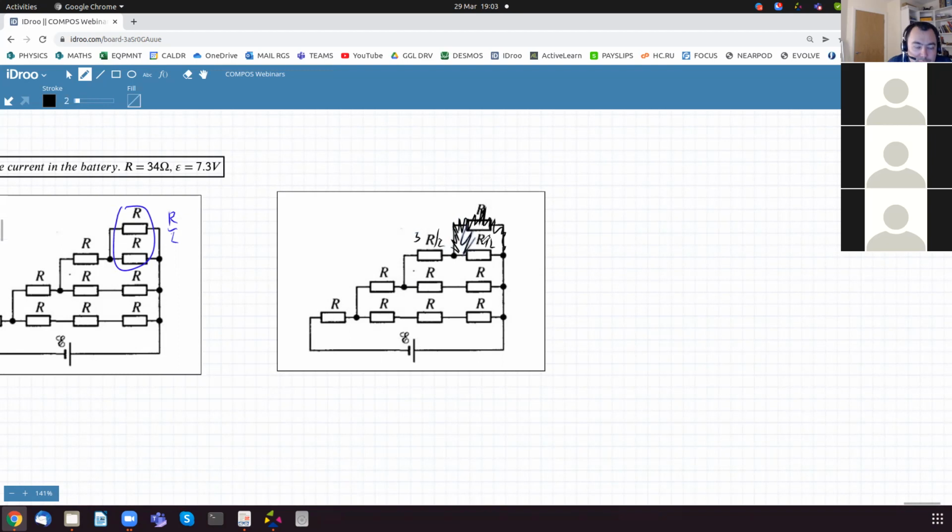And R and R, that's 2R. 3R over 2 and 2R. Okay, so we can use the shortcut formula.